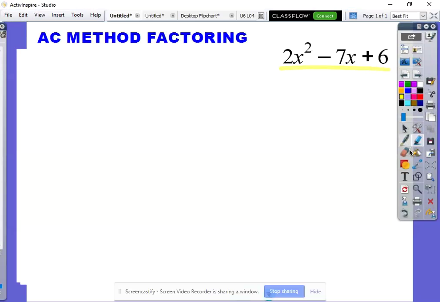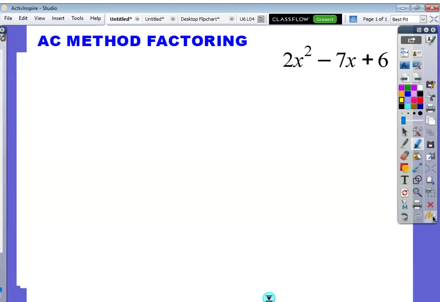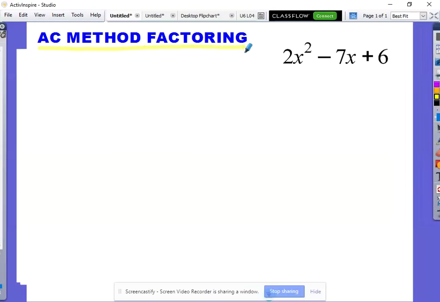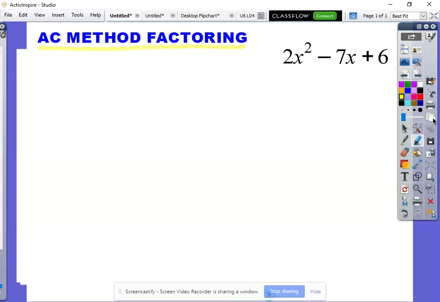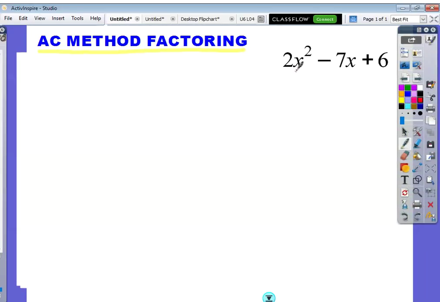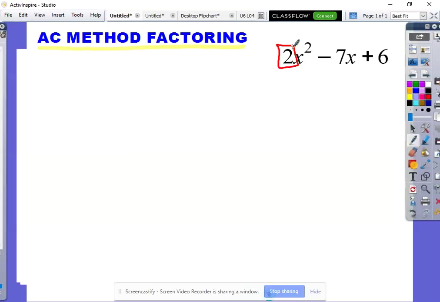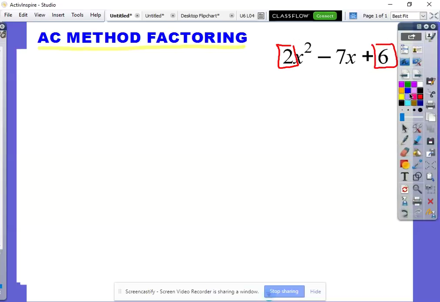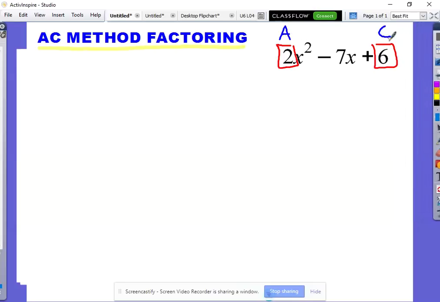So once we've checked for our GCF, we're now going to move on to our second method for factoring a trinomial. In this case, it's called the AC method. And the reason we call it the AC method is because these three numbers, the 2 and the 6, are the letters A and C. So we're going to label these A and C. So not the x's, just the numbers themselves.